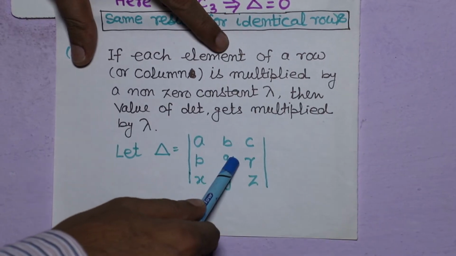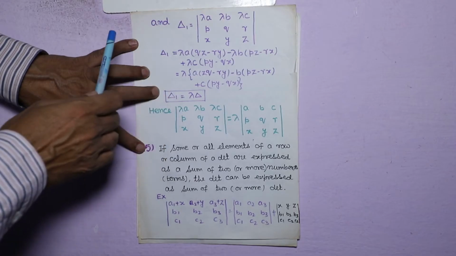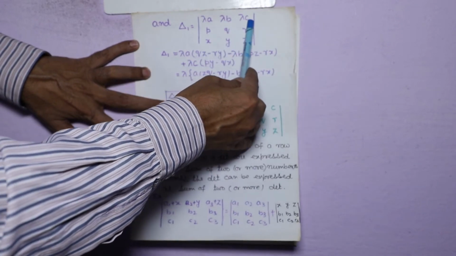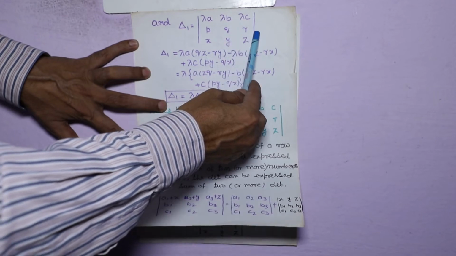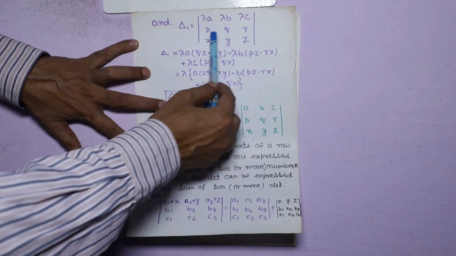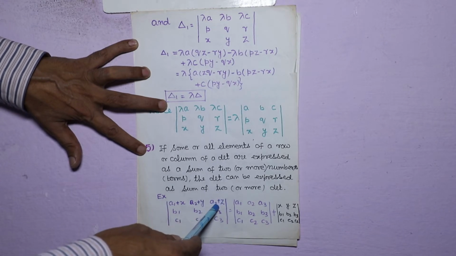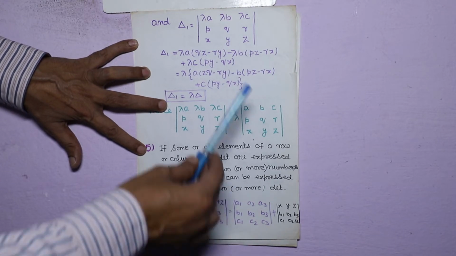Let it be multiplied in the first row. So after multiplying, we have lambda A, lambda B, lambda C, P, Q, R, X, Y, Z. The second and third row elements are the same. Only the elements of the first row are changed because they are multiplied by lambda.